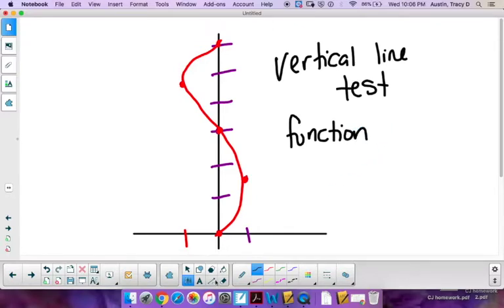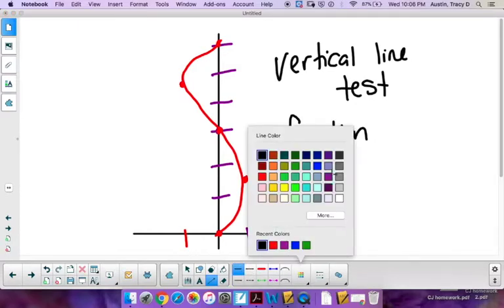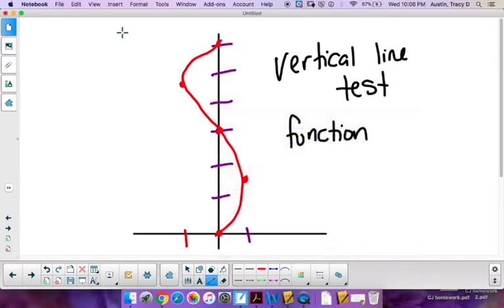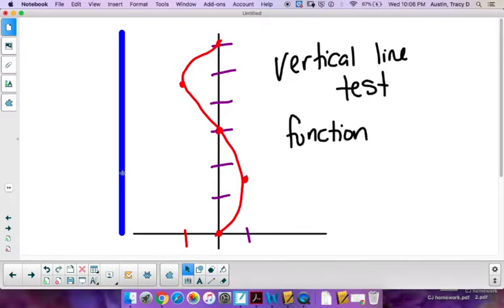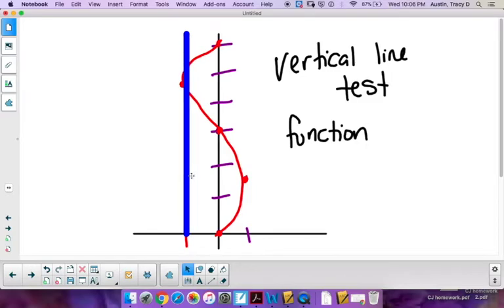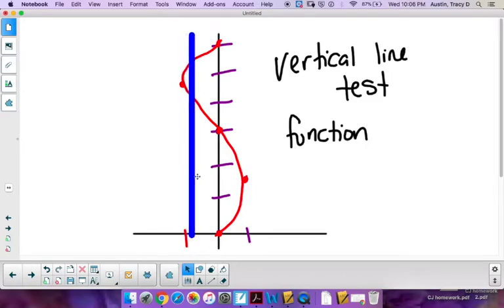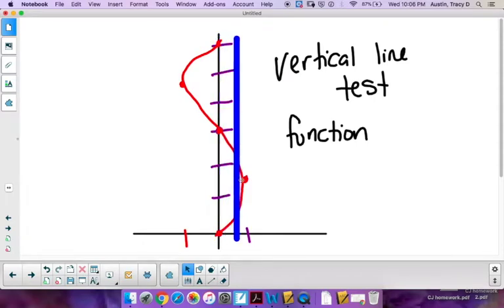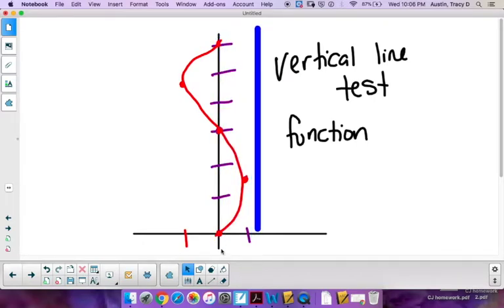Now what that meant was that, let me pick a good color. What that meant was that if you took a vertical line, right, any vertical line, and you dragged it across your function, right, if it ever touched more than one point at the same time, oh, and right there it touches 3, then it fails, okay?